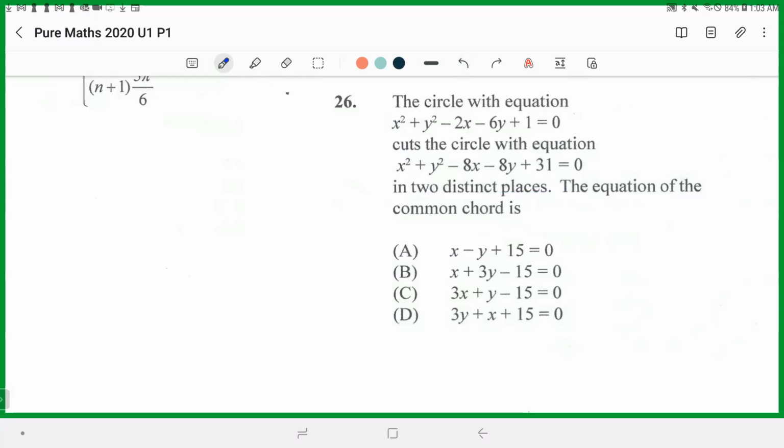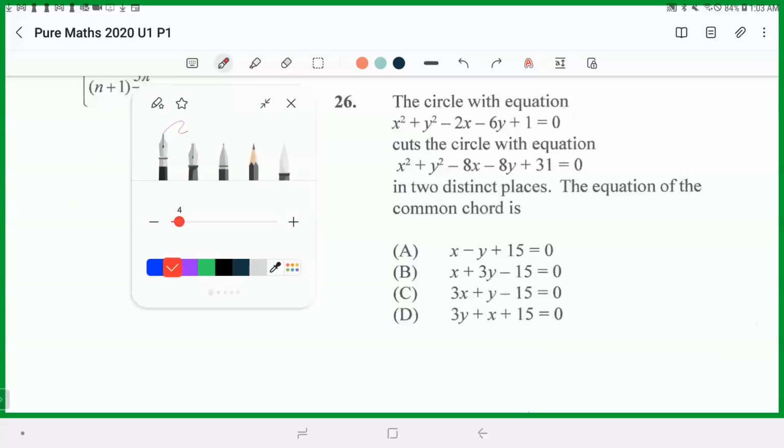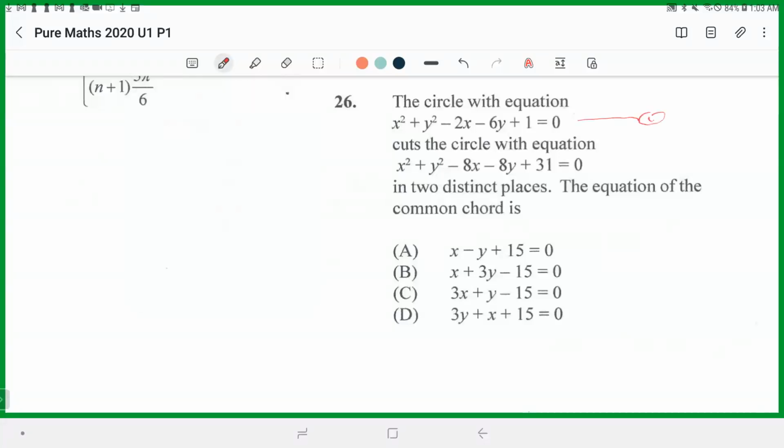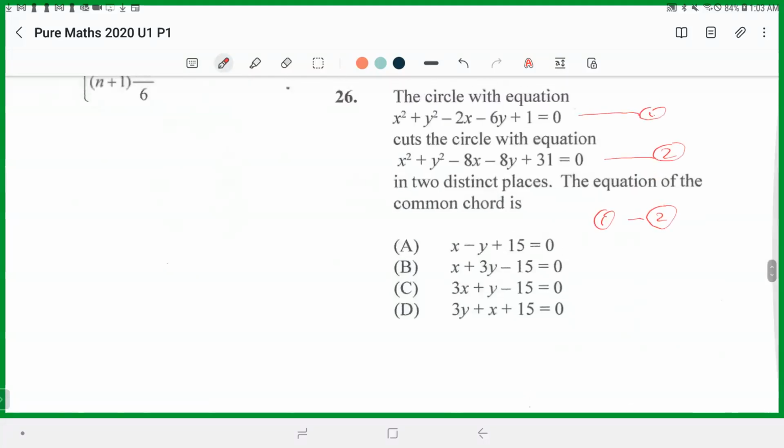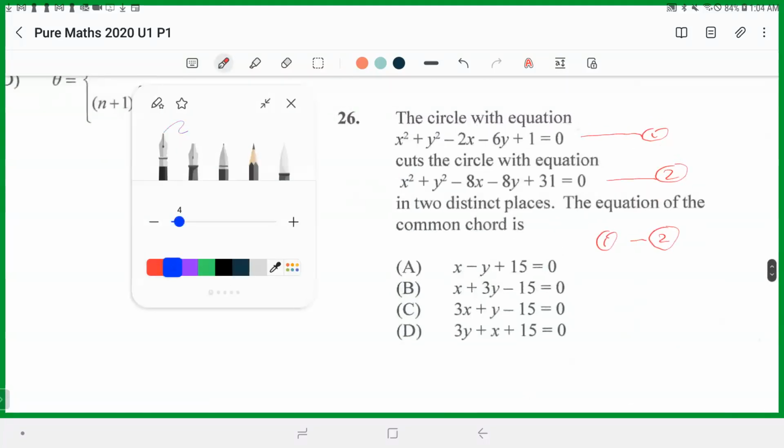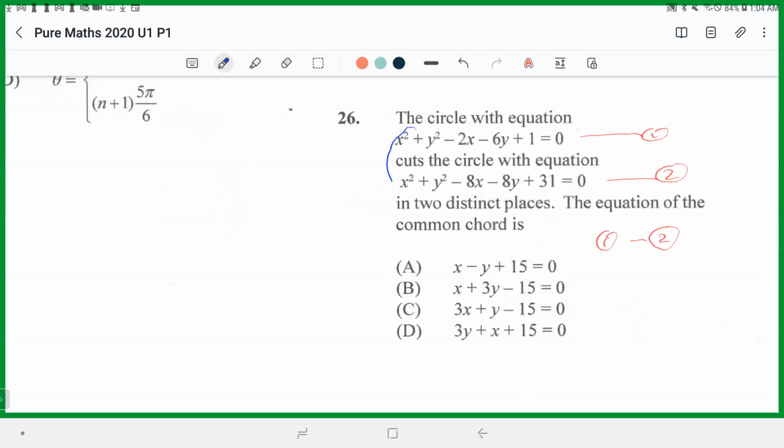So we'll call this equation 1, and this equation 2. We'll do equation 1 minus equation 2. Let's concentrate now. What will happen is that these will wipe out each other. But then you're going to have -2 minus -8.